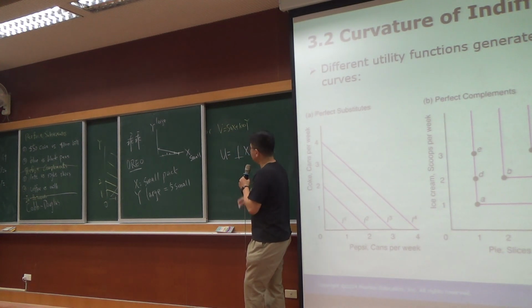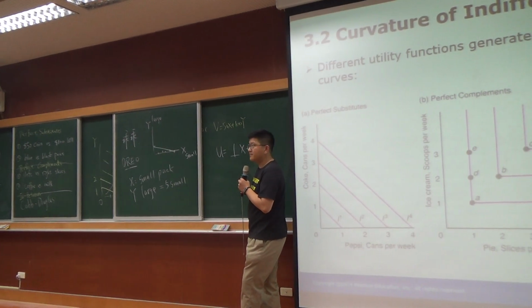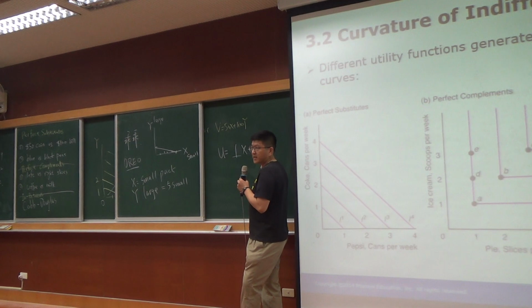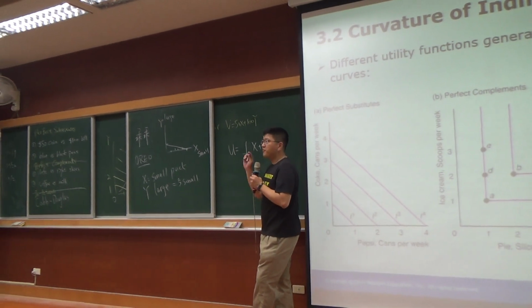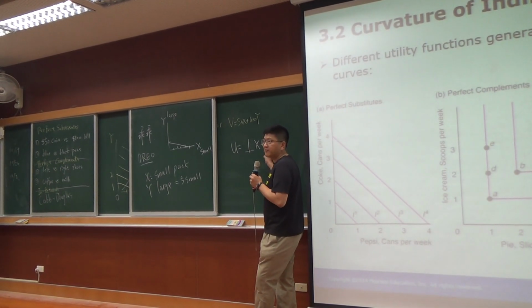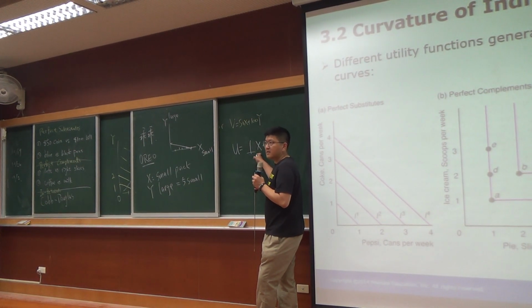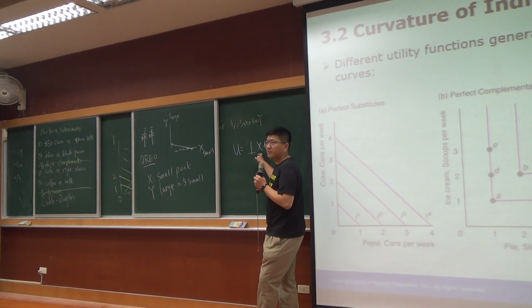It should be 1, 2, 5. Because per large pack provides us 5 times utility as the small one provides, right?